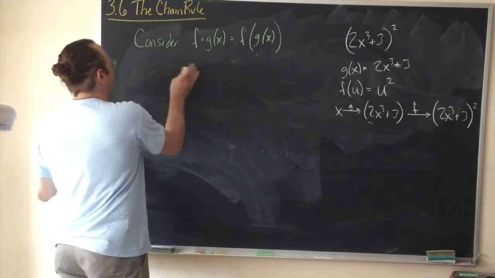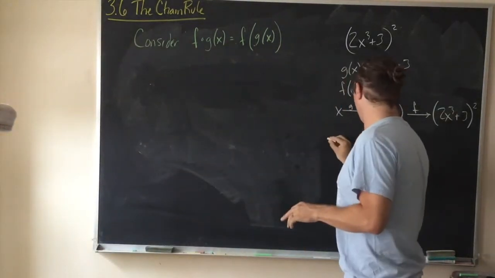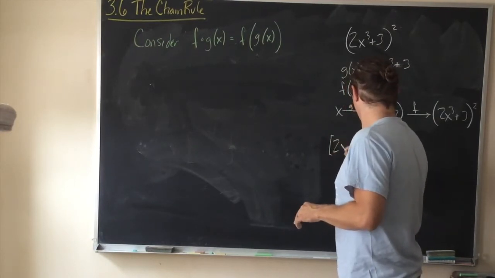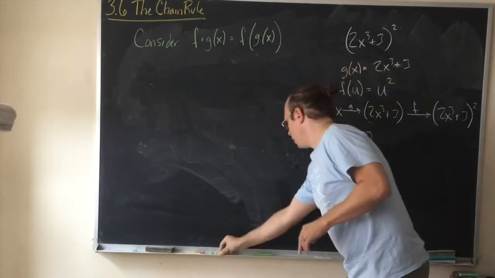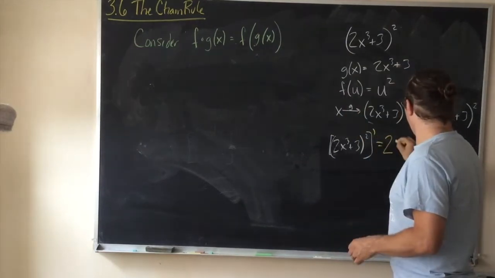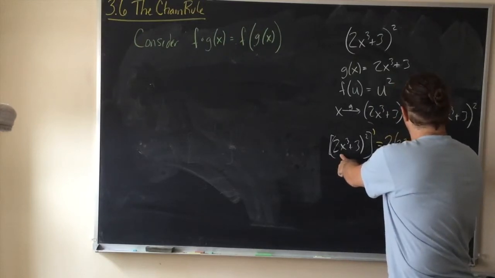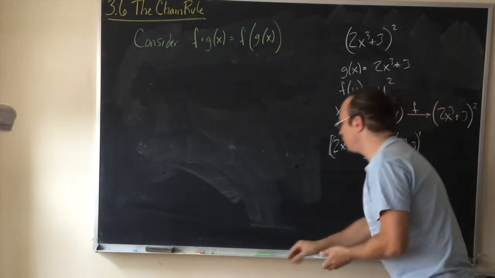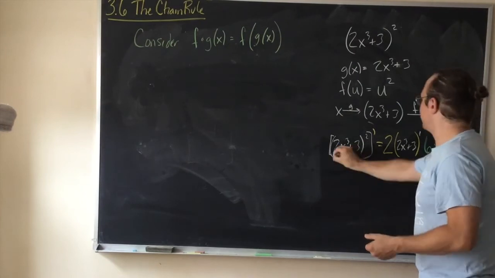So the idea we just discovered is that for this case, we took the derivative of this outside function and we got 2, and then of course we had the inside function, (2x cubed plus 3) to the 1 power, and then we multiplied that by the derivative of the inside function.